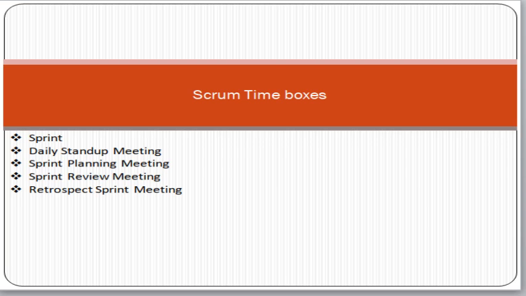So let's start, friends. Scrum time boxes. First of all, what is Scrum? Scrum is a framework which we use for implementation of software projects. For example, if you want to implement an e-commerce solution, you can use the Scrum framework.